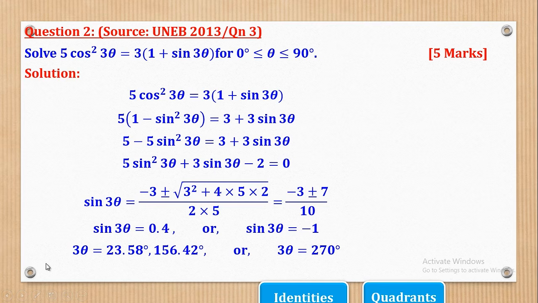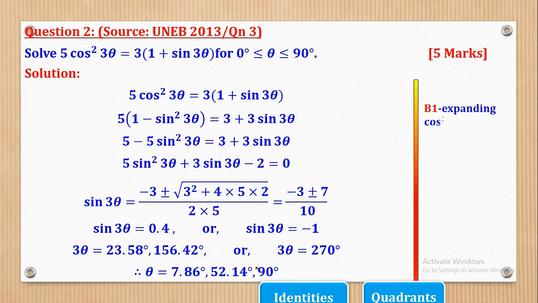So now from there, remember they don't want 3 theta, they want theta. So you have to divide throughout by 3. This divide by 3 gives me that, this divide by 3 gives that, and this divide by 3 gives that. So basically that's what they wanted, and now let's see how much can be awarded.